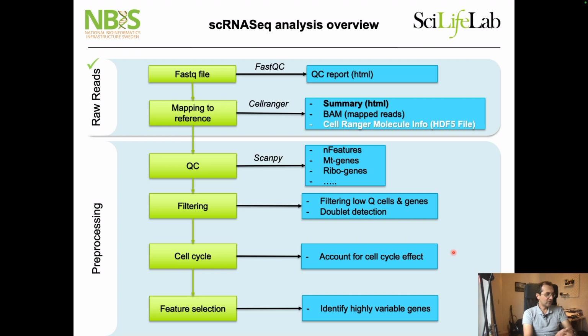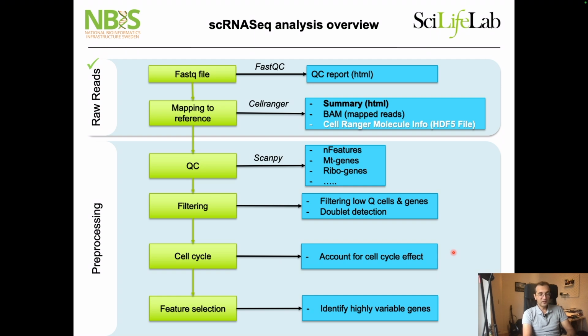And then you filter out the low quality cells and genes and check for the proportion of doublets. I will talk about doublets in the next few slides. You can also check for the cell cycle status of the cells, because sometimes you may need to account for the cell cycle effect in your data analysis.